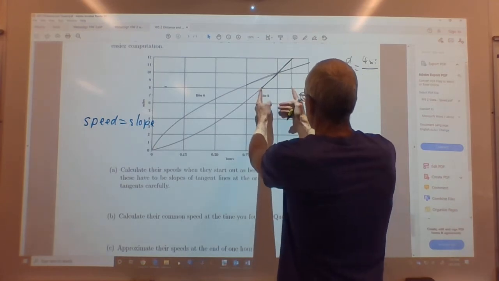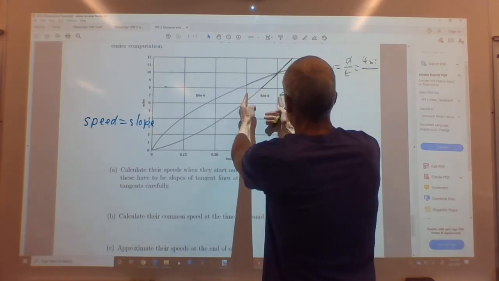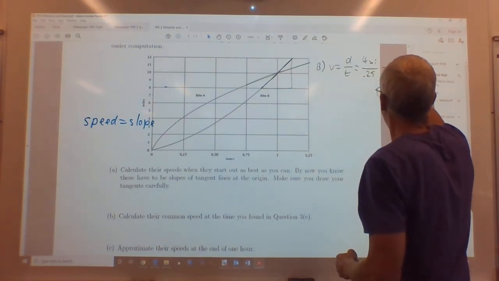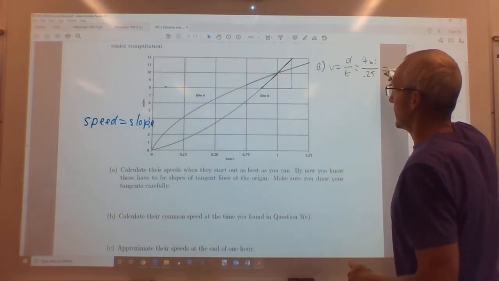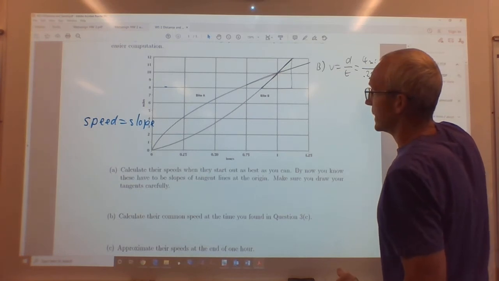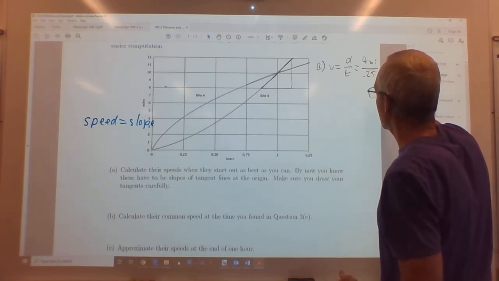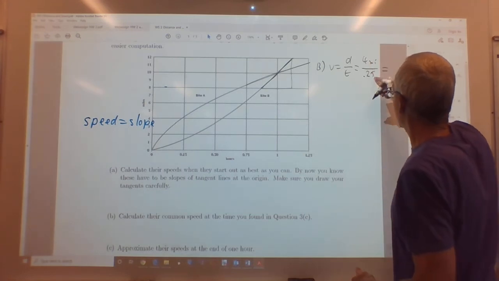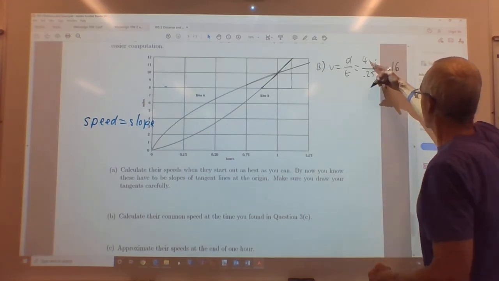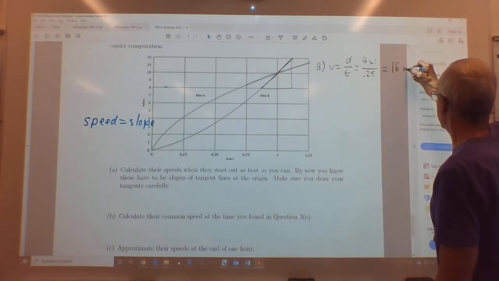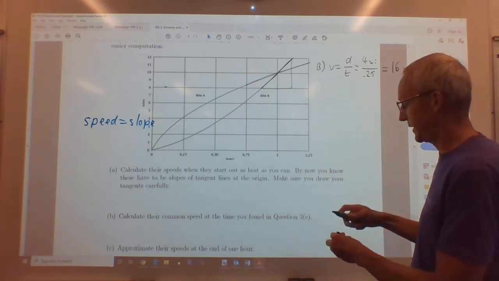So that looks like about 0.25 hours, because that time there looks like about that time there, which is 0.25 hours. 4 divided by 0.25 is like 4 times 4. 16 miles per hour, that's what I'm going to say bike B is.